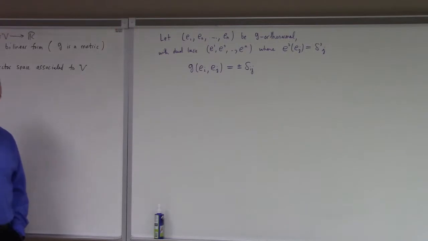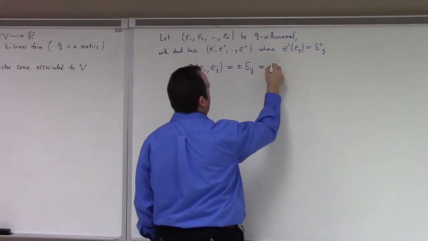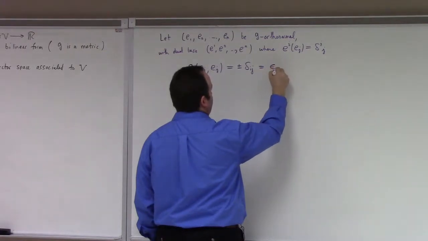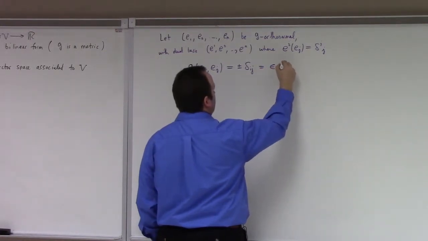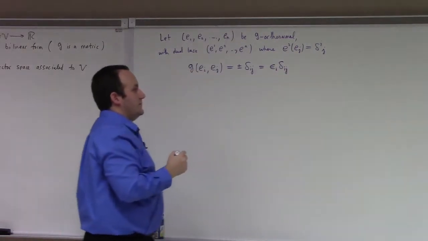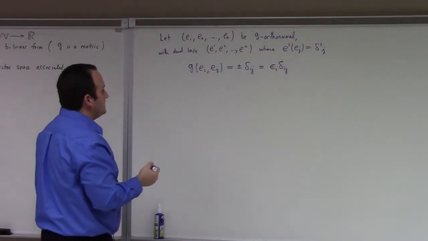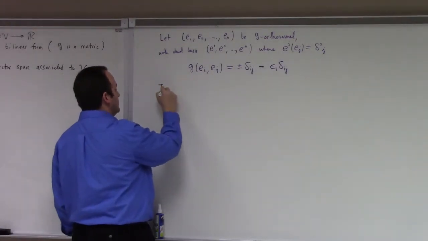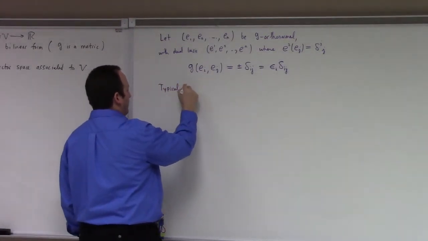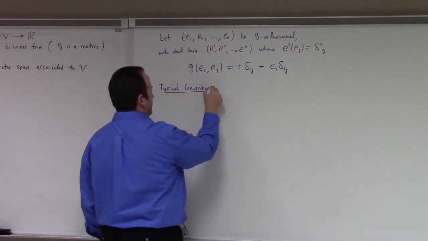Now let me be more specific, all right? We could introduce a symbol epsilon sub I, so that G of E sub I, E sub I is epsilon sub I times Kronecker delta ij. And so the epsilon sub I is either plus or minus 1. A typical convention is what?